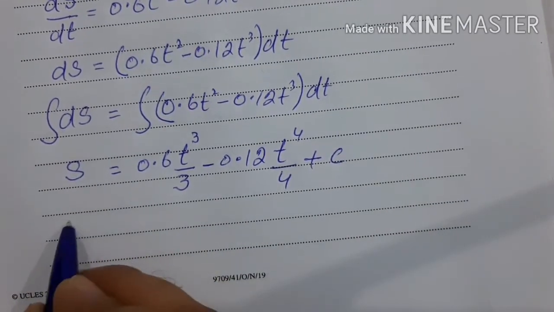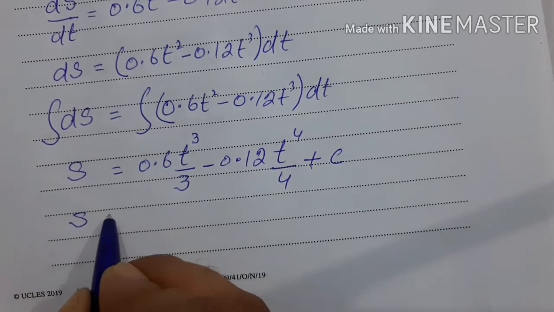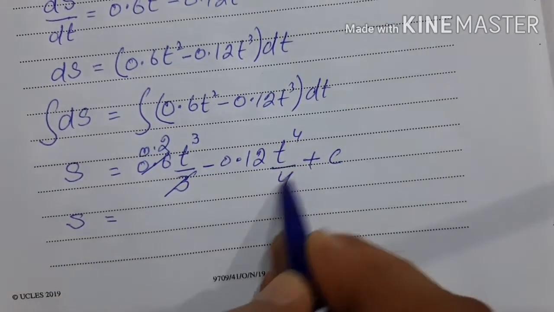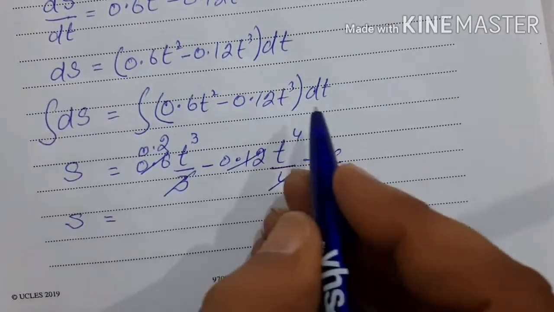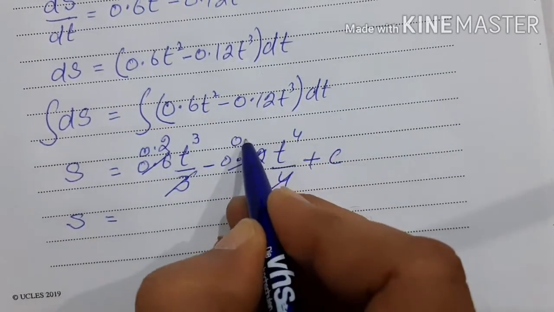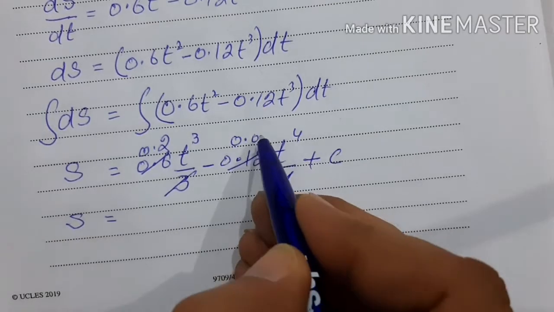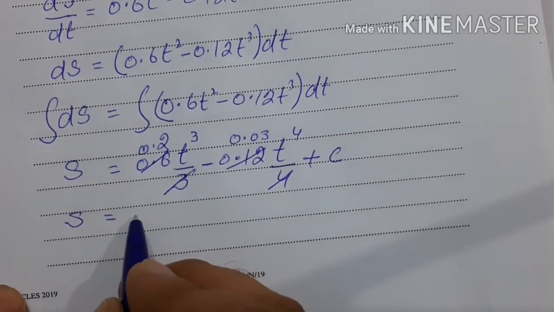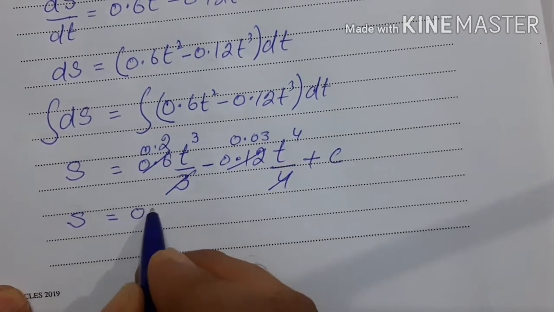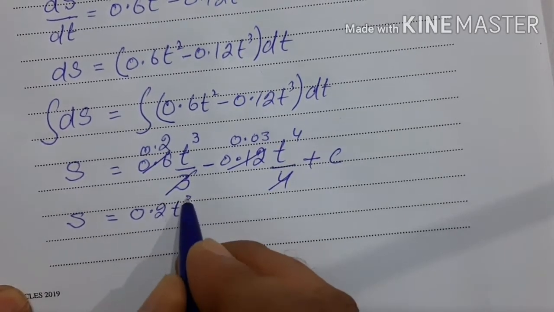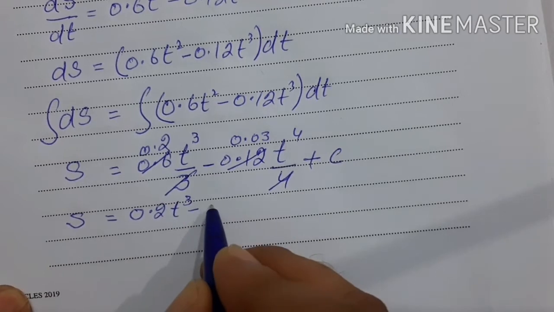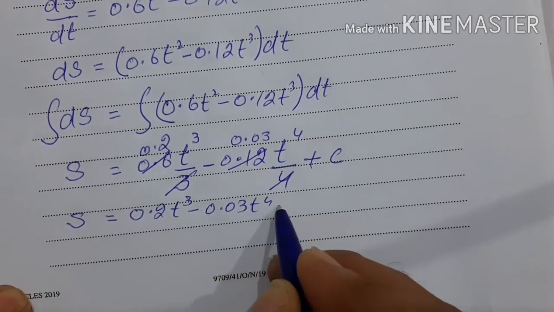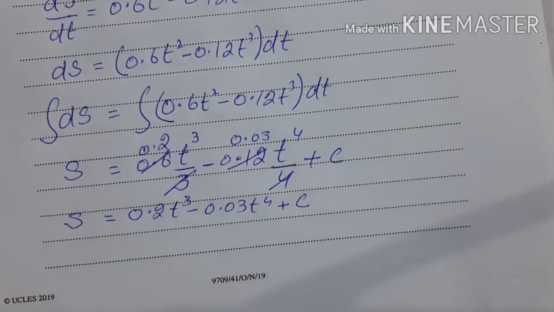So s will be, this will become 0.2, this will become 0.03. So s is equal to 0.2 t cube minus 0.03 t to the power 4 plus c.